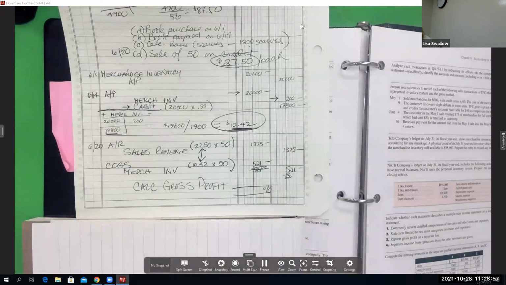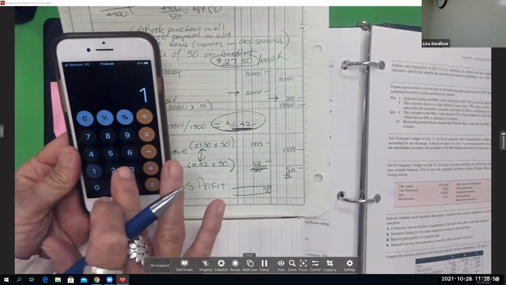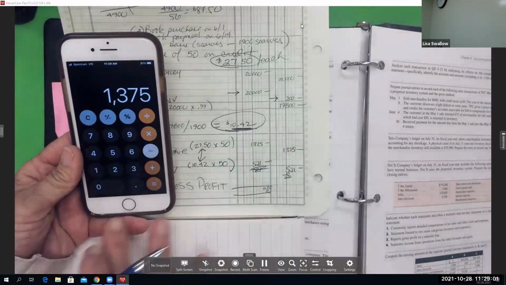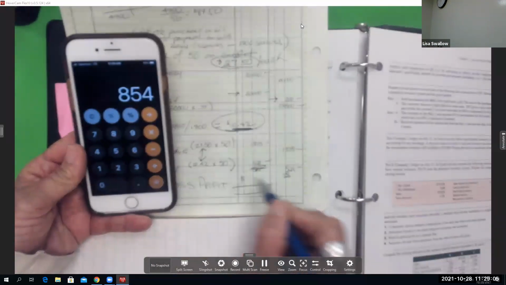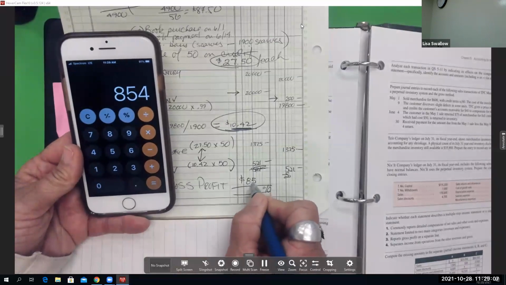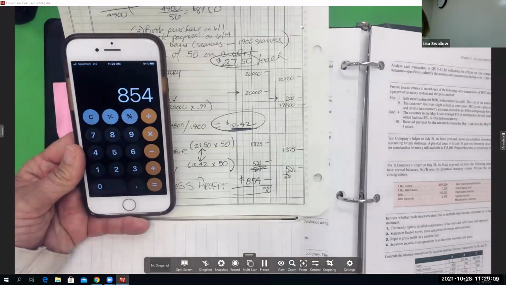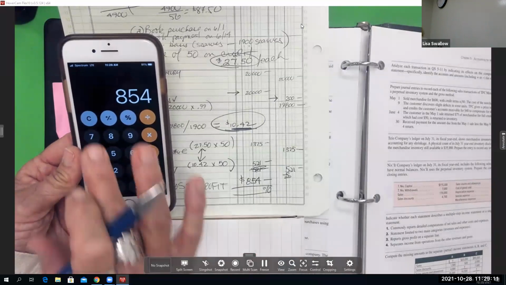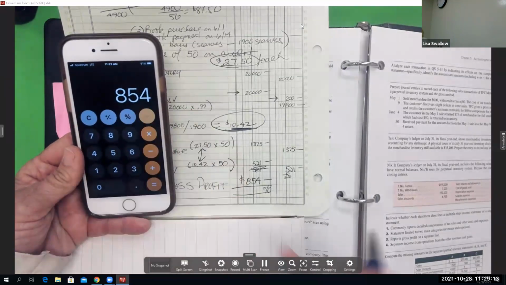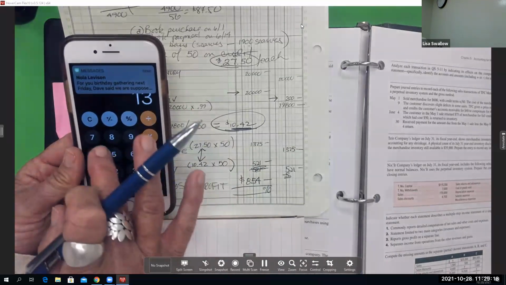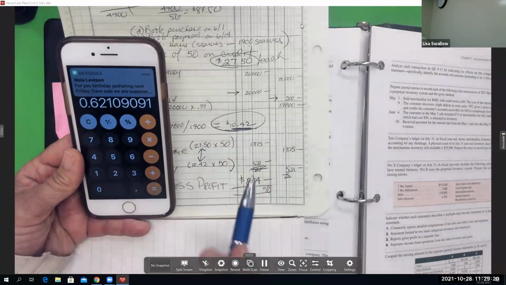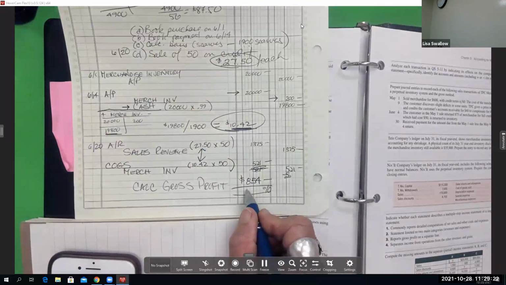Okay, so my gross profit is 1375 minus 521. So my gross profit was $854 on that transaction. And if I divide that by the sale price, 62.1%.